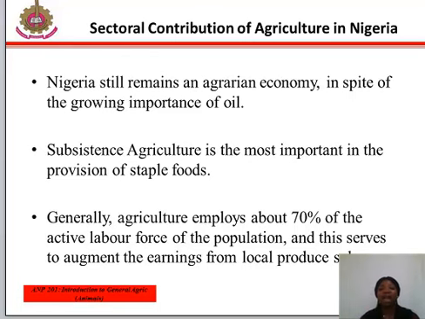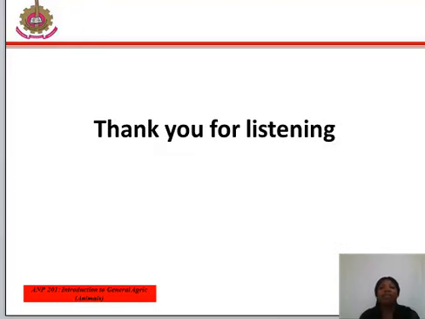The fifth one is vegetables and fruit vegetables, which include onion, African spinach, Indian spinach, pumpkin, sweet pepper, horse pepper, water leaf, and carrots. Lastly, we have the fruits, which include pineapple, pawpaw, mango, banana, plantain, citrus, and also guava.